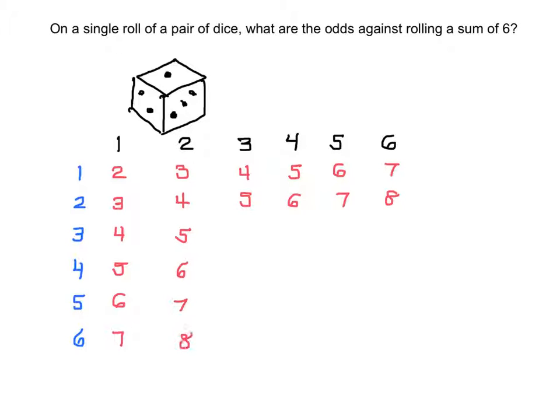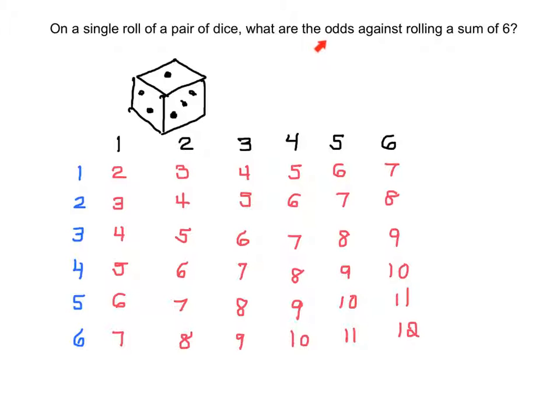Let's fill this in: 3, 4, 5, 6, 7, 8, 9, and then 6, 7, 8, 9, and a 10. This is when I get a 6 and a 4, and 7, 8, 9, 10, 11. The 11 is when I get a 6 and a 5, and 8, 9, 10, 11, 12, and that's a 6 and a 6.